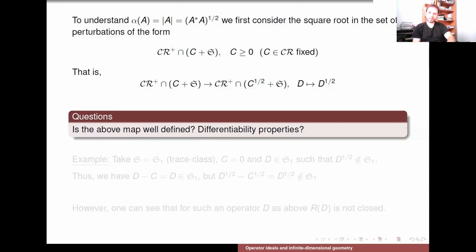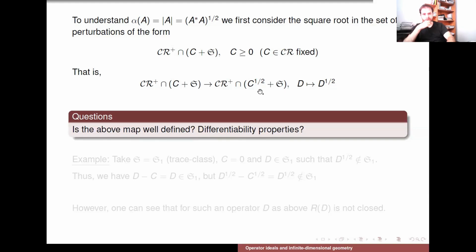Our initial motivation is to study the operator modulus, so we pass from this set of perturbations to this set: we want to study the perturbations of the square root to understand the operator modulus. So our set of perturbations will now be positive perturbations to study the square root.